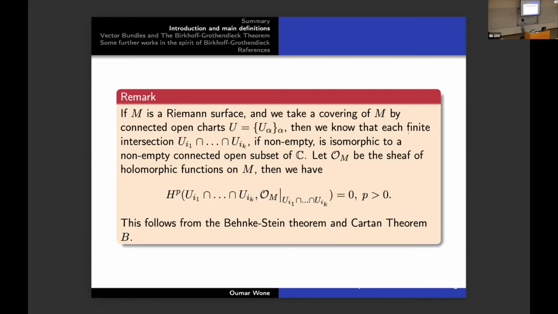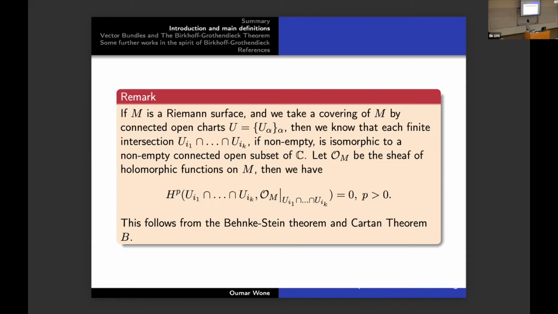Then we know that if non-empty, every finite intersection of the U_alpha is isomorphic to a non-empty connected open set of C. Now let O_M be the sheaf of holomorphic functions on M. Then we have the vanishing of this cohomology group.